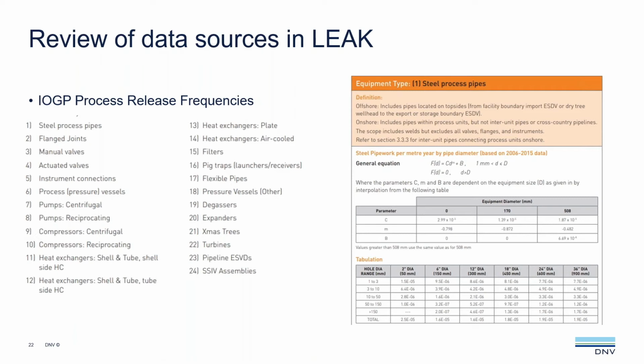What you have is a leak frequency function, and that function is defined by a set of coefficients or parameters. And then down at the bottom right, we can see a tabulation of leak frequency predictions for a range of process pipe diameters in this example, and for a range of hole size diameters as well. So the functions contained within this report are now included in the Leak software.